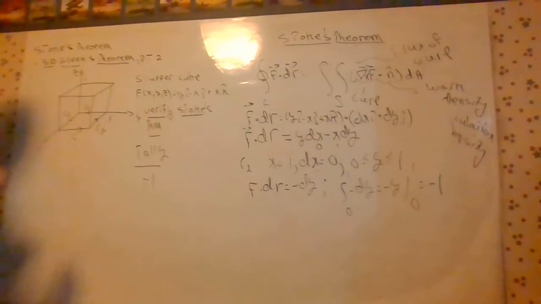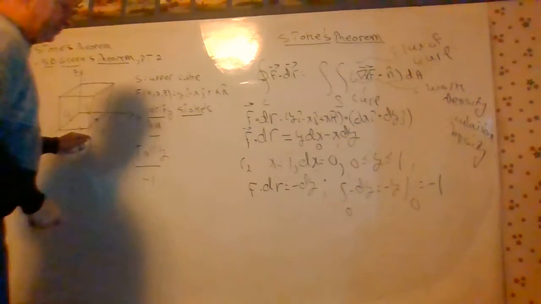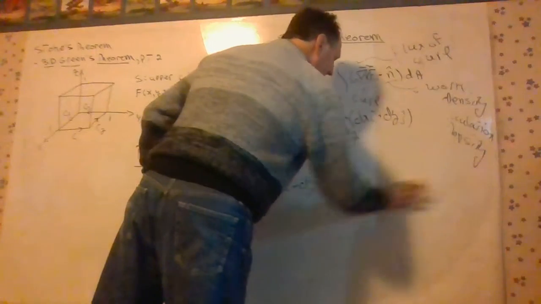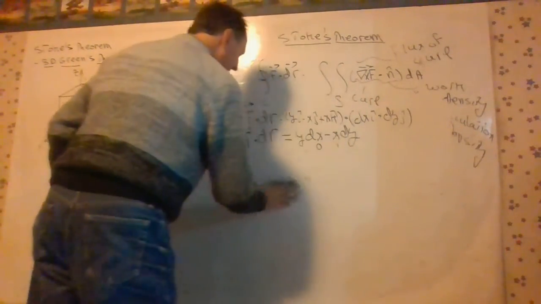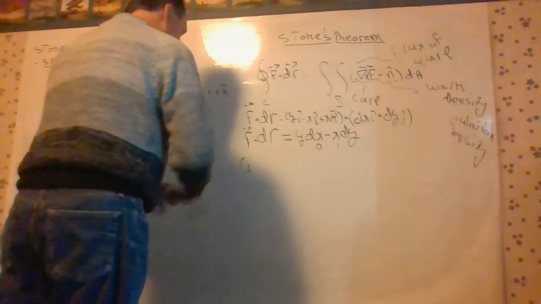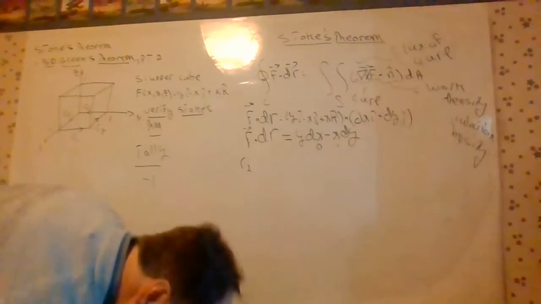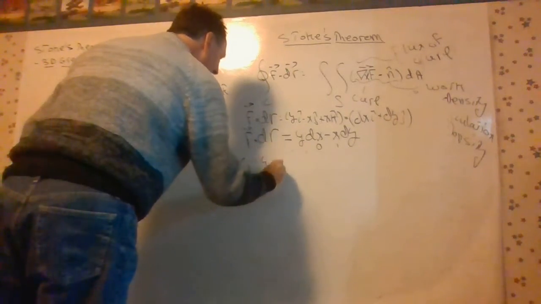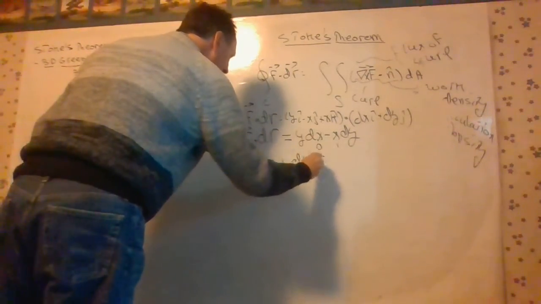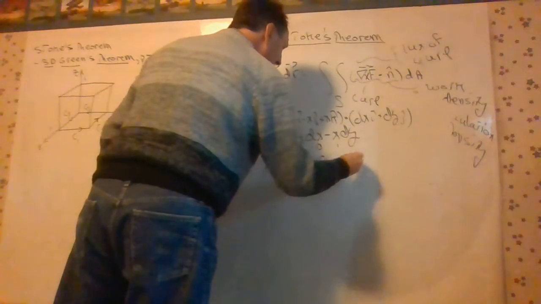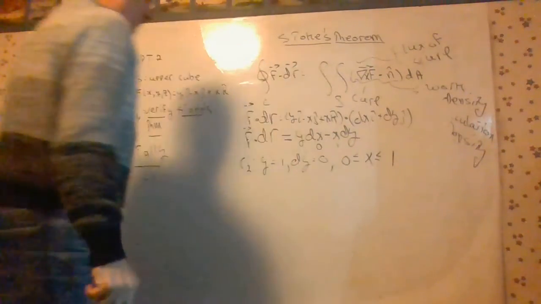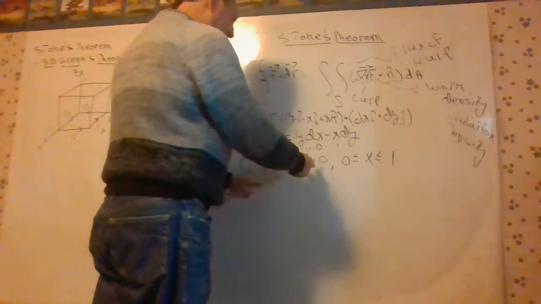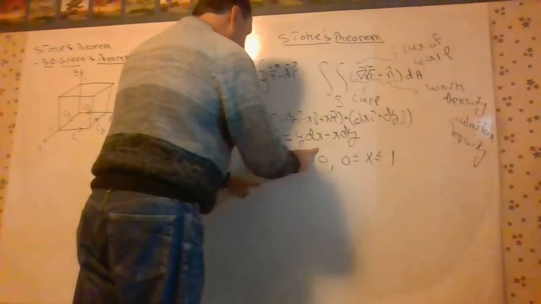What's going on here? Y is fixed at 1, dy is 0. Okay, so you plug 1 in here and 0 in here.